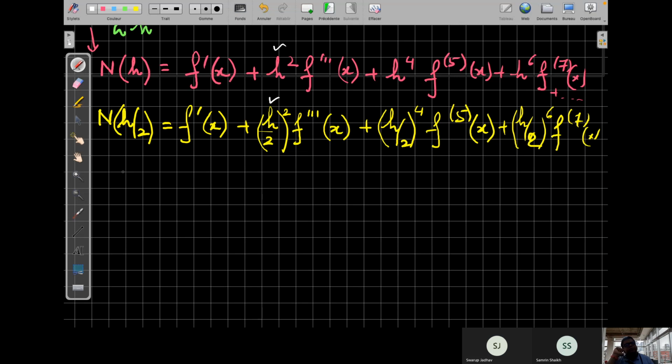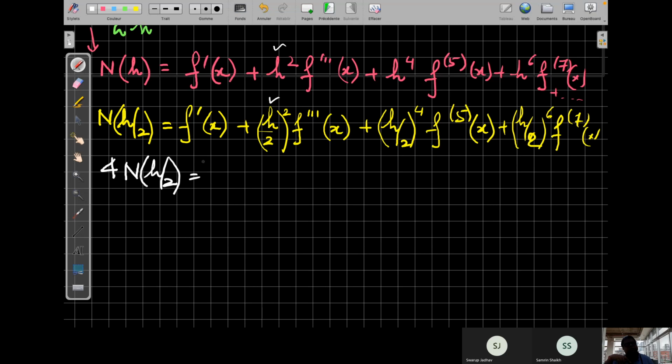So suppose, just for the sake of assumption, instead of writing N of h by 2, suppose I just multiply this expression by 4. 4 into N of h by 2. What will happen here? Can you tell me? Sir, it will become 2NH.